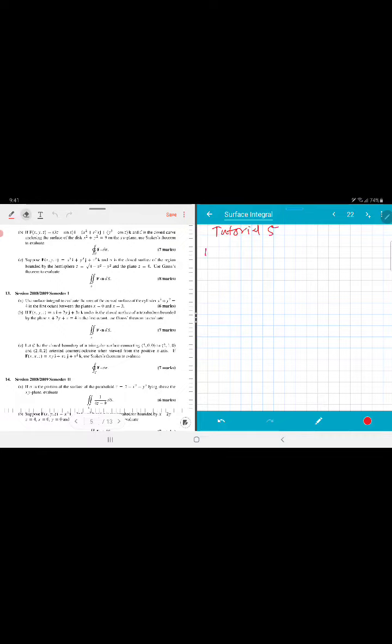F is given as xy, yz, y squared. Let's sketch that.